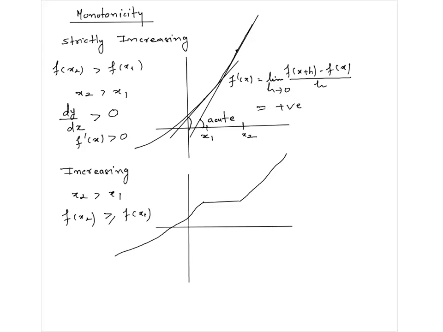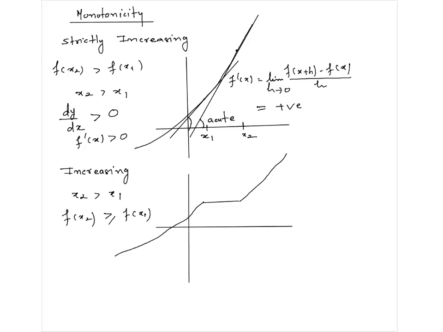If it is allowed that the function can stagnate, stagnation means tangent is parallel to the x-axis. And if tangent is parallel to the x-axis, then the slope is 0. So for those points where it is flat, f dash x will be equal to 0.